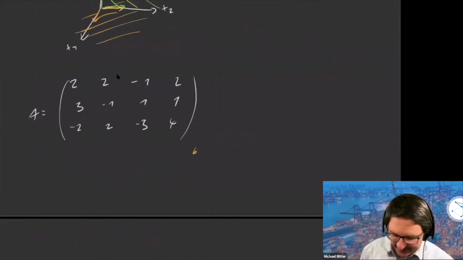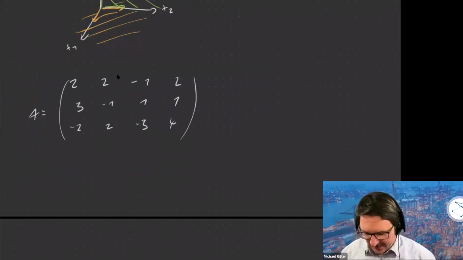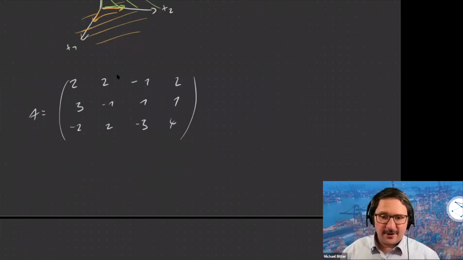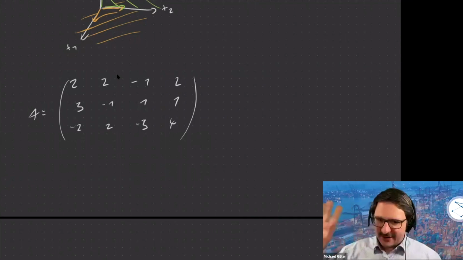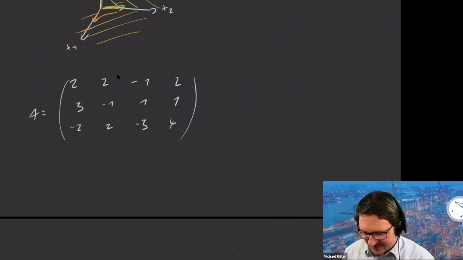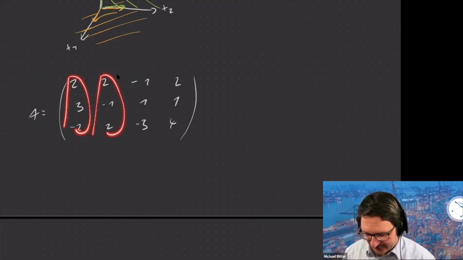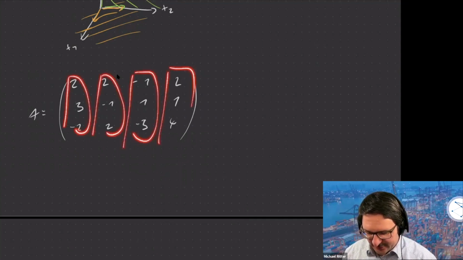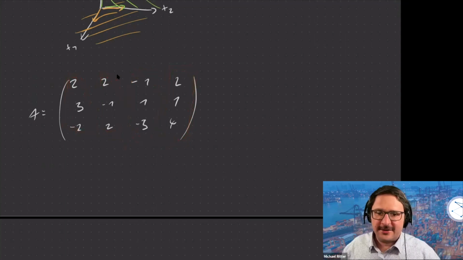Okay, so here's my matrix A. And now we want a basis of the column space of A. And let's say we don't have any prior information. The only thing we know is that the column space is spanned by these 4 columns. So what we need to do is compute a linearly independent subset of these 4 columns.